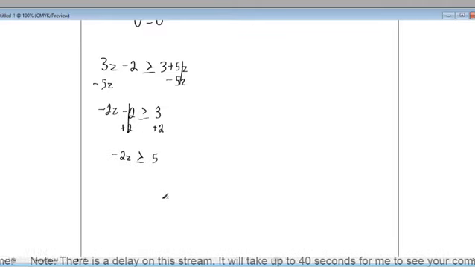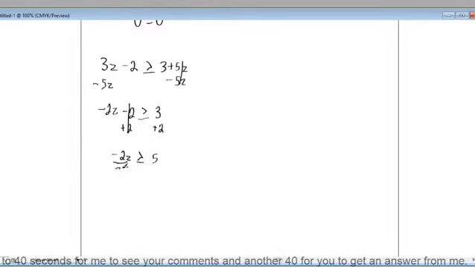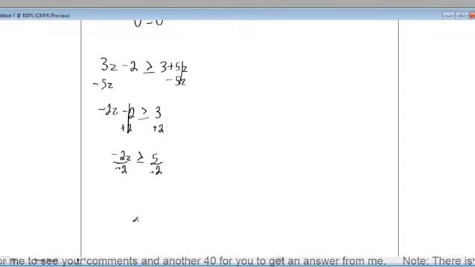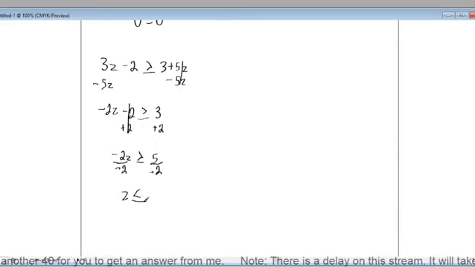However, now we need to get that negative 2 off of z. And if this is negative 2 times z, the opposite of that would be divide by negative 2. So now we actually are going to be dividing by negative on both sides. So divide by negative 2, divide by negative 2. That's going to give us z is less than or equal to negative 5 over 2.